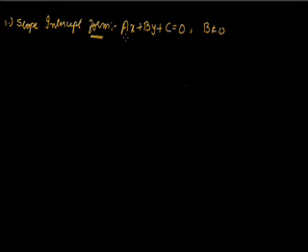Let this equation ax plus by plus c is equal to 0 be the equation of our line with the condition that b is not equal to 0. Then I will try to formulate the standard equation of line in our slope intercept form.